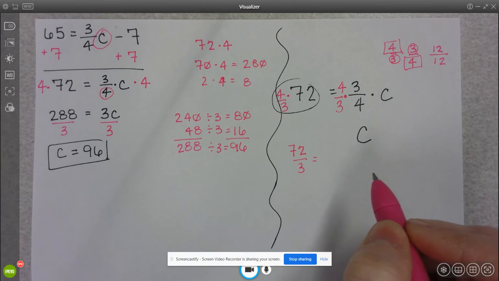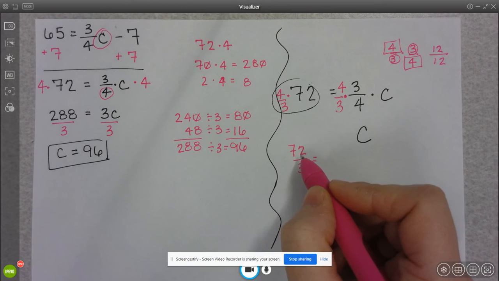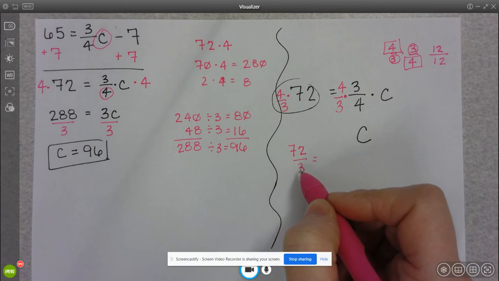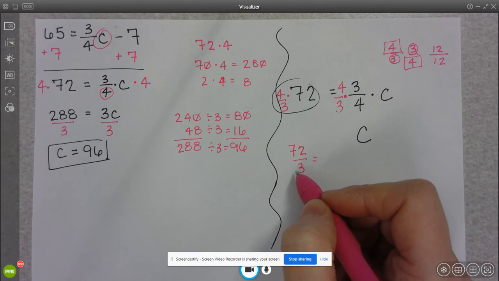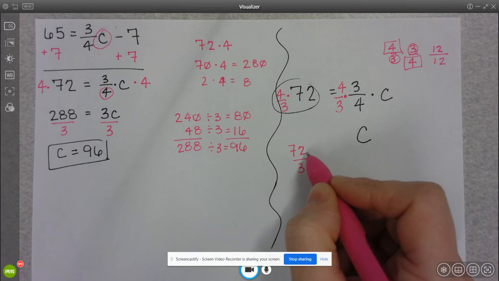If you don't know that off the top of your head, it's totally fine. This is really close to 75, and 75 divided by 3 would be 25. So I would really quickly run through in my head, well, this is 3 less than that.